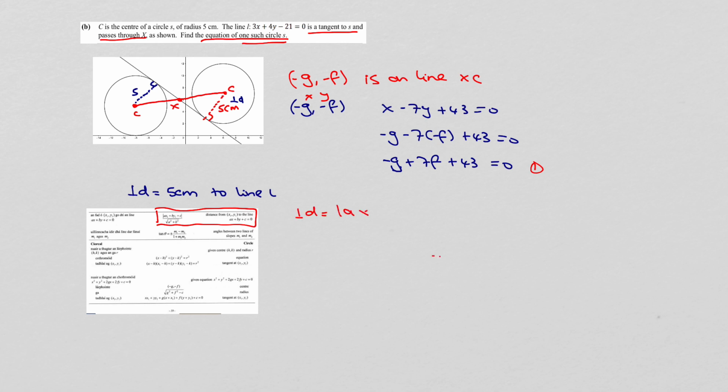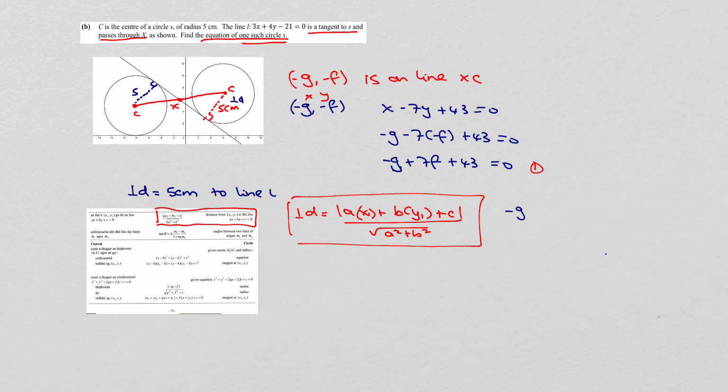So we say A times x1, B times y1 plus C over the square root of a squared plus b squared. So of course we need to write down what's A, what's B, what's C, what's x1 and what's y1. So obviously the x1, y1 is going to be our centre point, which is (-g, -f).